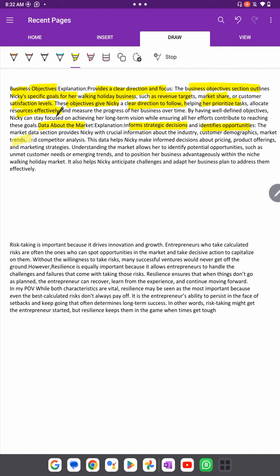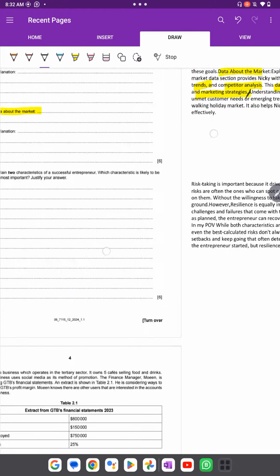Also, trends and competitor analysis. If we have the data about the market, we can see what type of trends are going on in the market right now, and we can also analyze the competitors' actions. This data helps Nikki make informed decisions about pricing, product offerings, and marketing strategy. So you just need to write till here. Okay, so now let's see the other one.